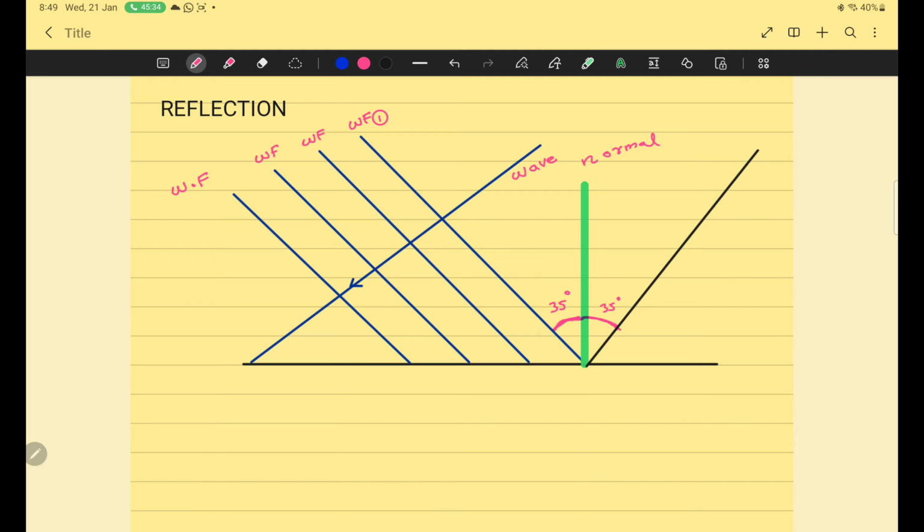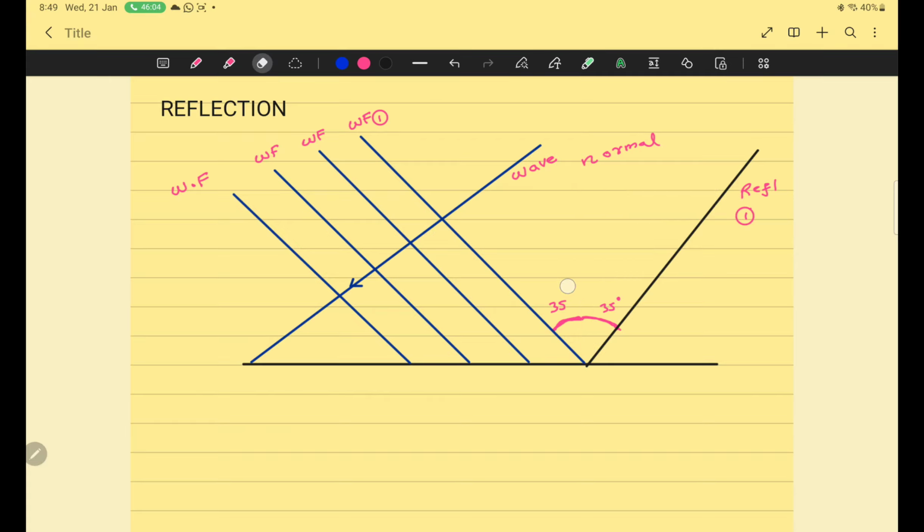Consider it is 35 degrees. Then at the same 35-degree angle on the right side, you should draw the reflected wavefront. Have you drawn this reflected wavefront number one? Okay, this is reflected wavefront number one.